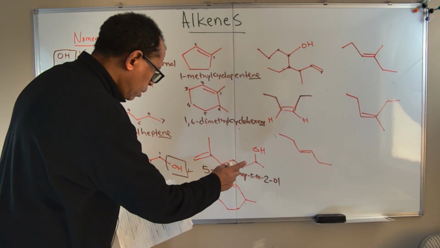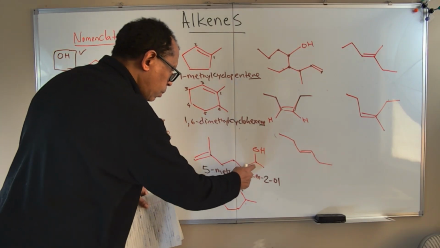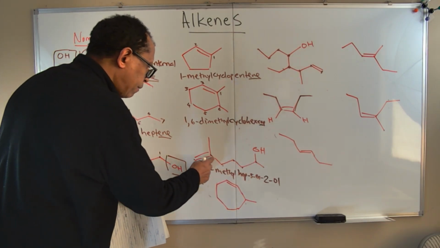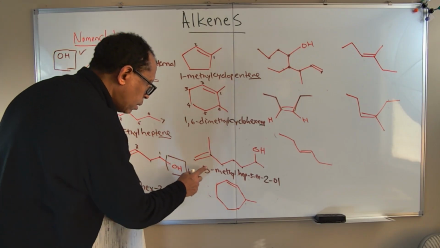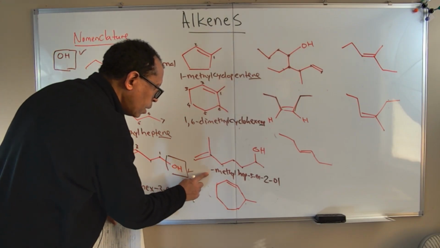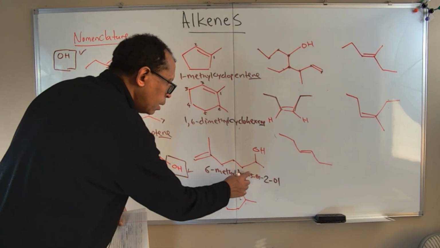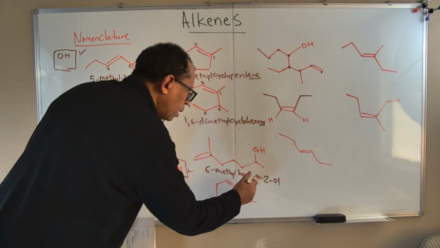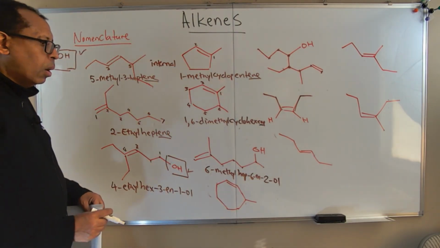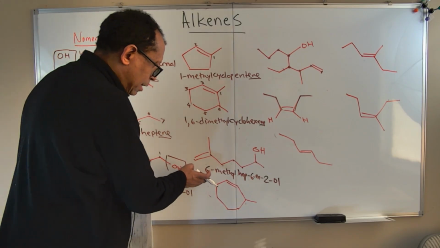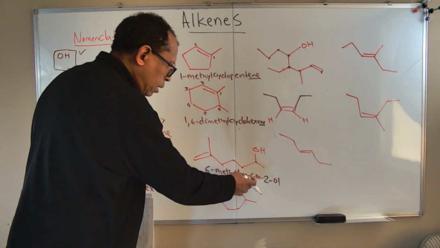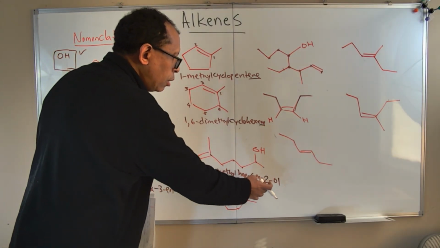No, did I make a mistake? It should be a 6. 1, 2, 3, 4, 5, 6, 7. 6 position. 6-methyl, 6-en, 2-ol. This is a 6-methylhept-6-en-2-ol.